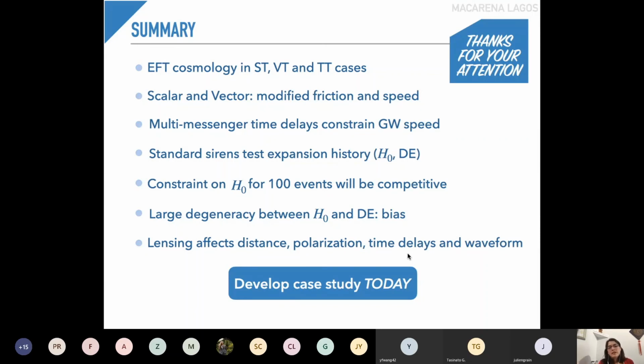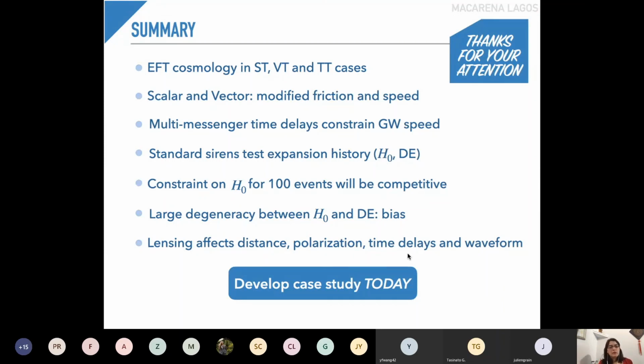So if alpha t is non-zero, the waveform is exactly the same, but you just have a different arrival time because it propagates at a different speed, and the effective Planck mass, if it has a time evolution, then it just changes the total amplitude of your signal, but not the waveform.